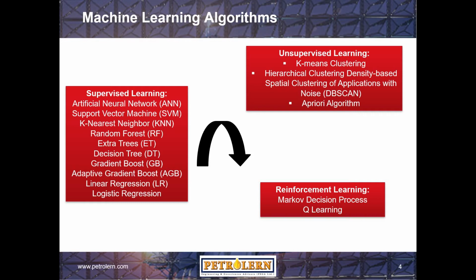So supervised, you have probably heard these. We have artificial neural network, called ANN. Support vector machine is a very powerful technique used for both classification and regression problems. You have k-nearest neighbor, another powerful technique that you can use for both classification and regression problems. Random forest is another very powerful technique used for both classification and regression problems.